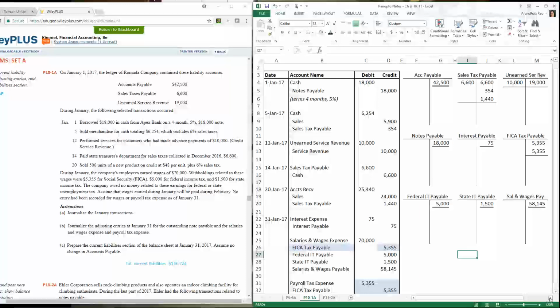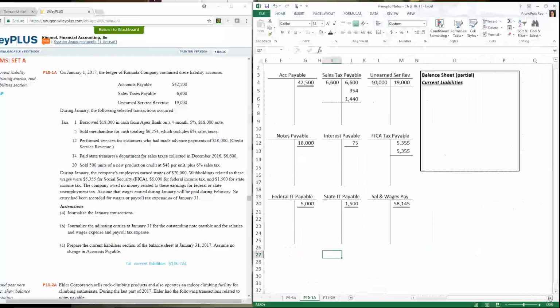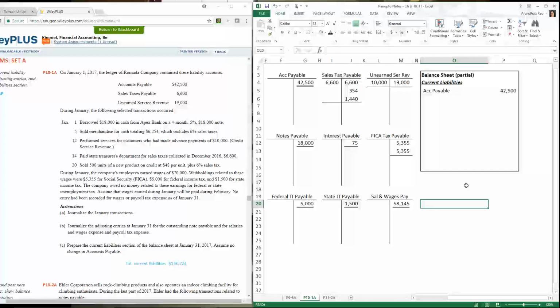Okay. Now that I've taken care of all of these entries and posted it to the T accounts, I need to close all the T accounts to get the balances in order to prepare the current liability section. Accounts payable, there were no entries over there, so I can take that amount directly. Accounts payable, 42,500.